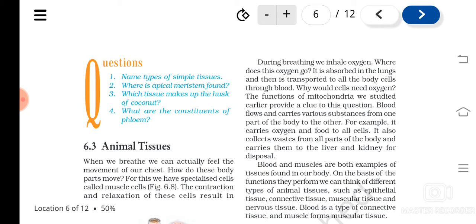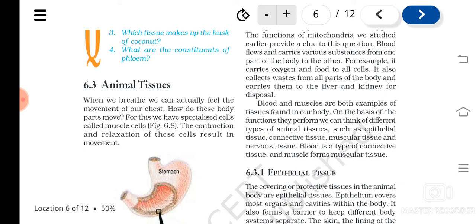For all this some medium is needed. That medium is what? Blood. Understood? So blood helps to transport the material. Blood is also one kind of tissue, isn't it?